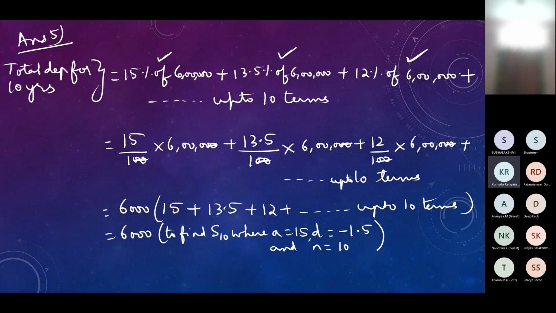Those 10 terms will form an AP with the first term as 15, the common difference as minus 1.5, and the number of terms n being 10. We all know that when it's an AP, we have to find the values of A, N, and D. You can remember this from the word AND. A is 15, N is 10, and D is minus 1.5.